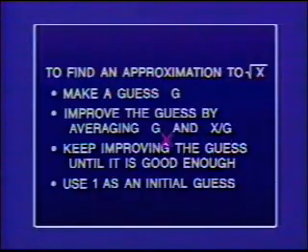So averaging always gives you something in between. It's not quite trivial, but it's possible to show that if g misses the square root of x by a little bit, the average of g and x over g will actually keep getting closer to the square root of x. So if you keep doing this enough, you'll eventually get as close as you want.